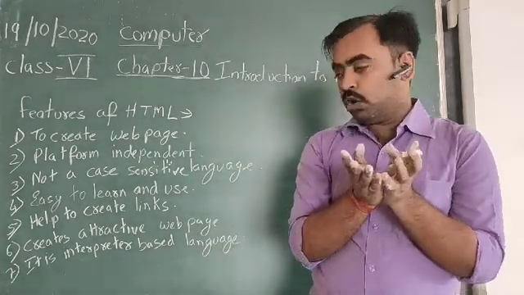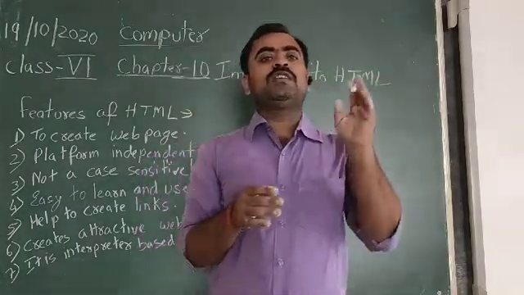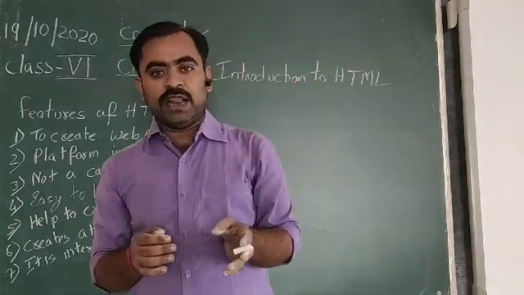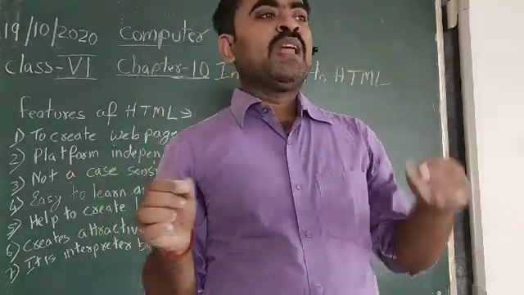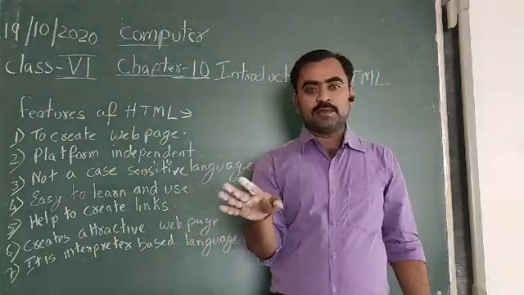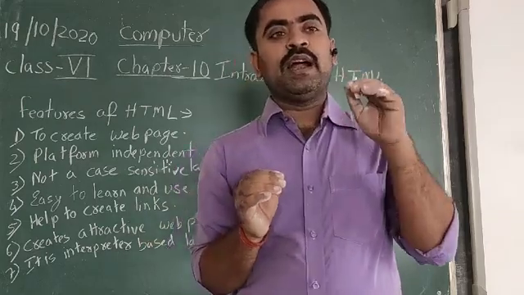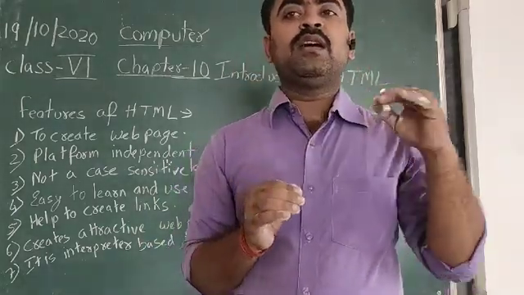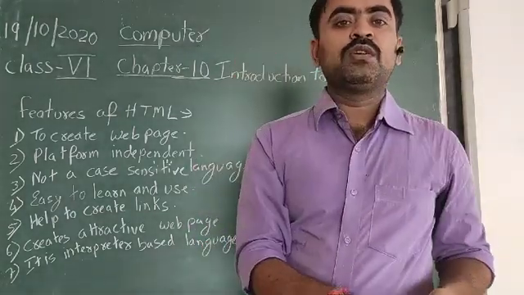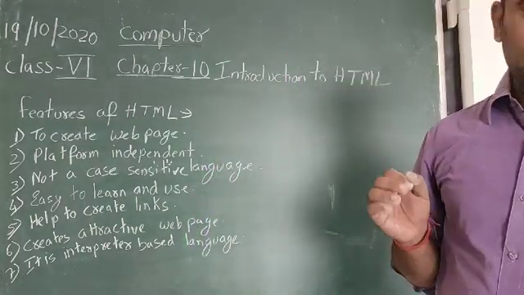Now, as you all already know, an interpreter is a language translator which converts the program code from high level language to machine level language. If it finds any error or mistake, it stops there itself, notifies the user, and waits till the error is corrected, and once the error is corrected, then it moves forward. So it is an interpreter-based language.